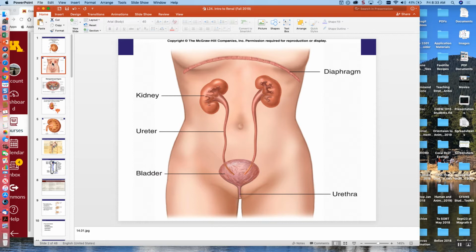I want you to reach back. We're going to be talking a lot about diffusion and osmosis again. With the kidney, this is actually key. That's why we started the semester off talking about diffusion and osmosis.